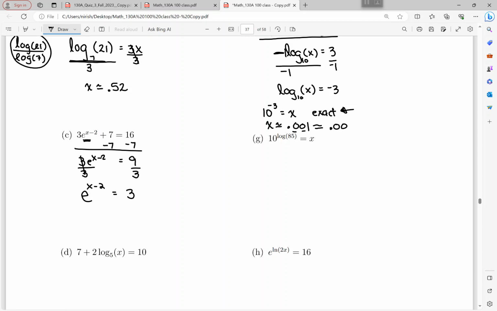Then go ahead and rewrite. It's an exponent, so I need the word log. And then your base is e, of 3 equals the power. I know that log base e is really just natural log.